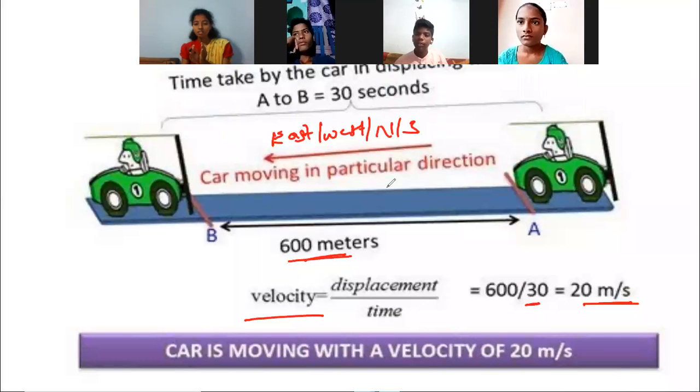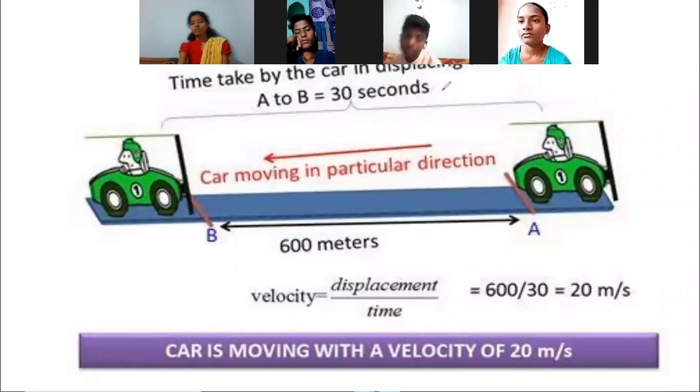When we want to calculate the speed of vehicles, we take distance. Here we want to calculate velocity, so we are taking displacement. So speed equals distance by time and velocity equals displacement by time. When we are taking velocity, we have to take direction also.